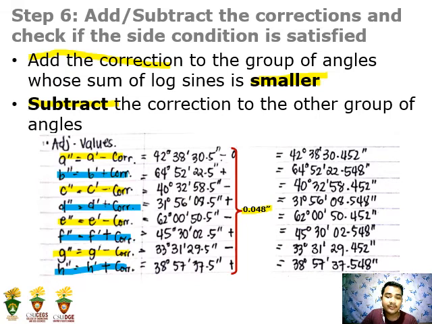So from that, we substitute the value of A prime, which is the adjusted angle from the angle condition, then we apply the correction.